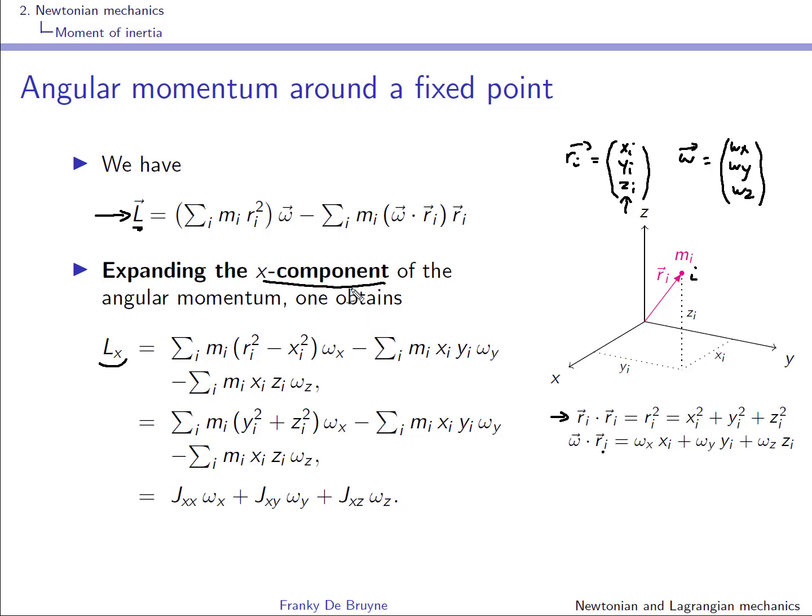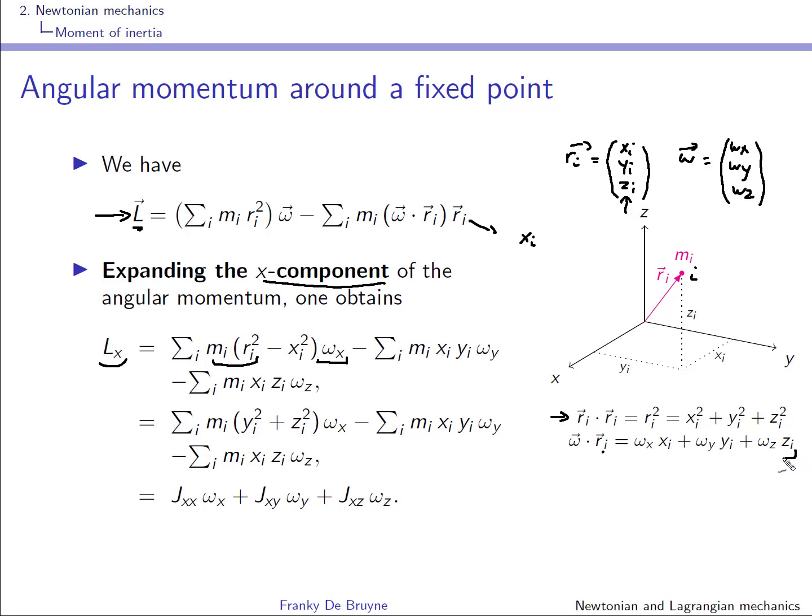So if we take the x component, omega has x component omega_x, so we'll have this one times omega_x. Where do you find this? Well, it's this thing here times omega_x.